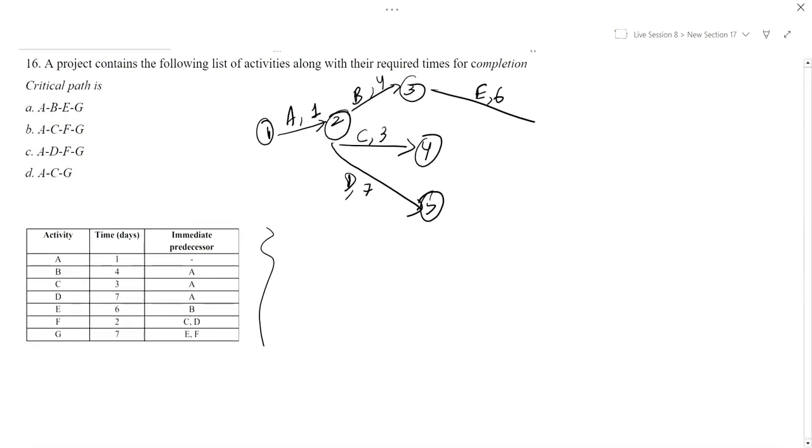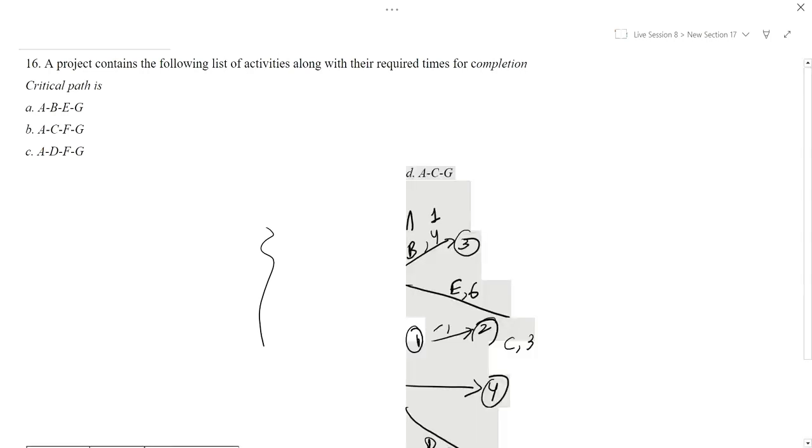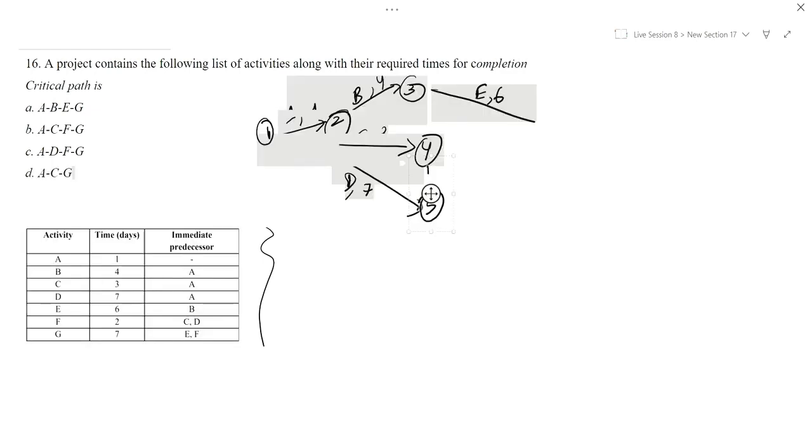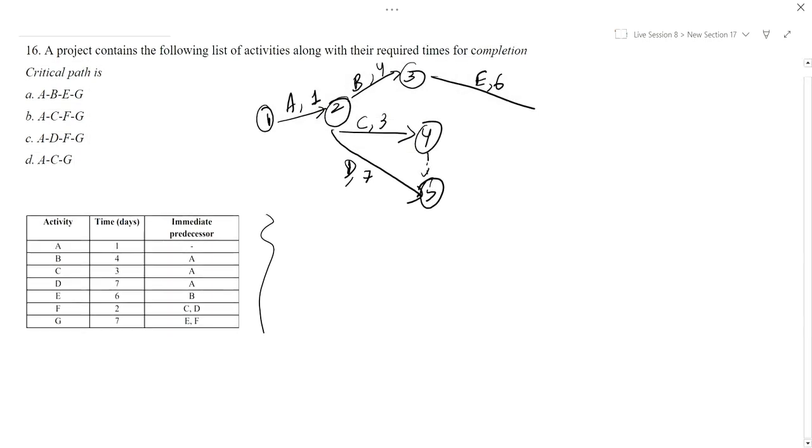Now, F is the immediate predecessor of C and D. Now we will use a dummy. Connect D and C by a dummy.